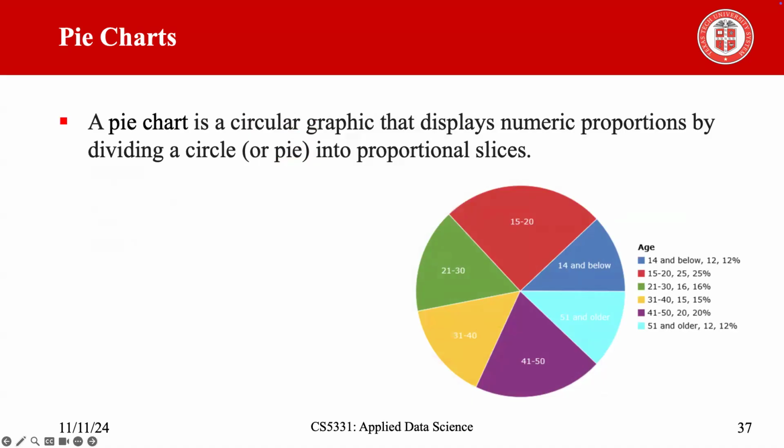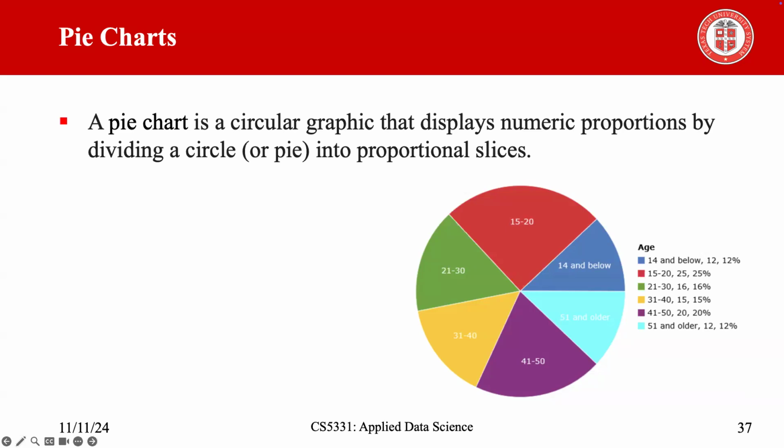Next will be the pie chart, also a very commonly used chart in business or companies. It displays the numerical proportions by dividing a circle into different slices.